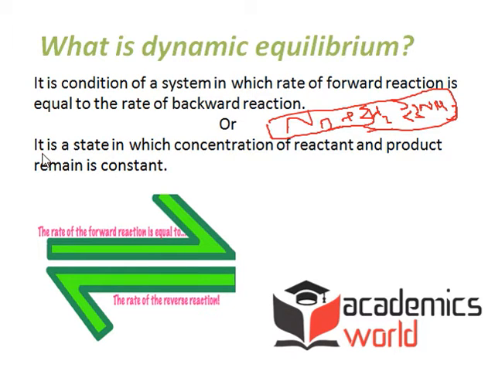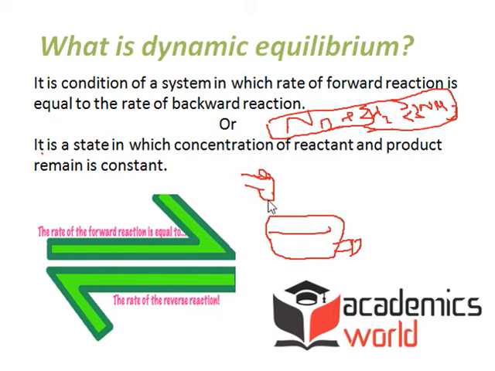Now the second definition is also the same. It is a state in which the concentration of reactants and product remains constant. I am giving you one more example. Suppose there is a tap here and there is one jar and one more tap.